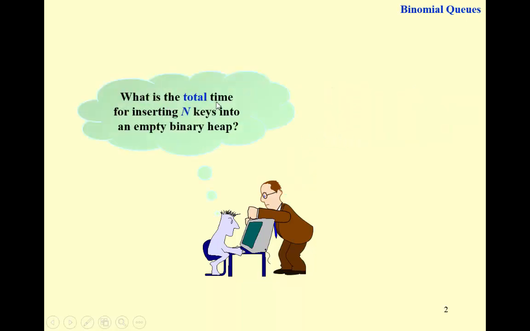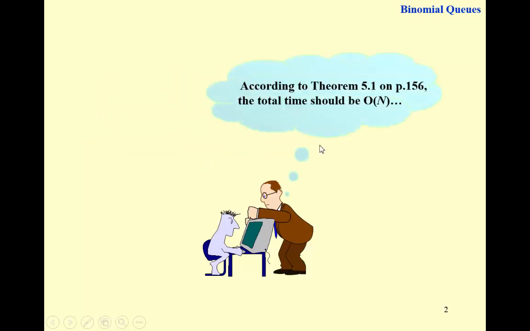So what is the total time for inserting n keys into an empty binary heap? According to the theorem given in our textbook, the total time should be linear. We have that built-in algorithm, right? We can just put n elements into an array in linear time and then call the function build heap and get it done in another linear time.